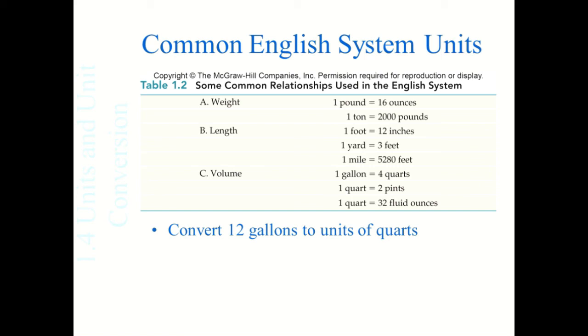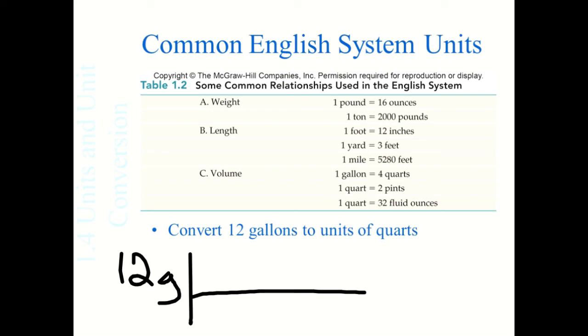Okay, so English units, we're not going to use a lot in here. Convert 12 gallons to units of quarts. Let's do that. What do I put in front? Good, 12 gallons. Now I want to convert it to quarts. That goes on top. What goes on the bottom? Gallons. Okay, so 1 gallon equals 4 quarts.